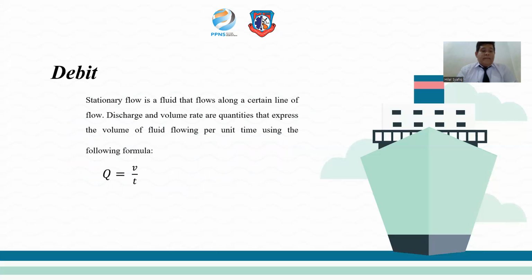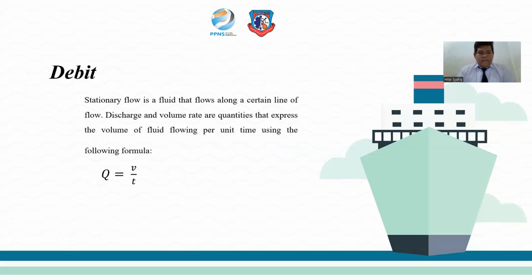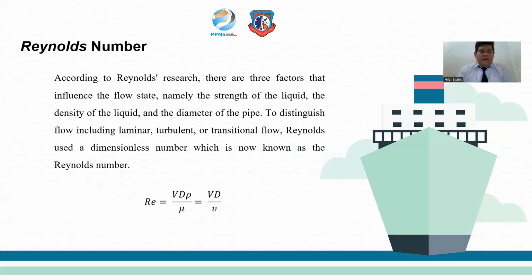And then the debit. Stationary flow is a fluid that flows along a certain line of flow. Discharge and volume rate are quantities that express the volume of fluid flowing per unit time using the following formula. The next is the Reynolds number.